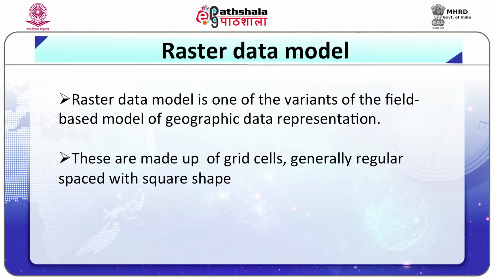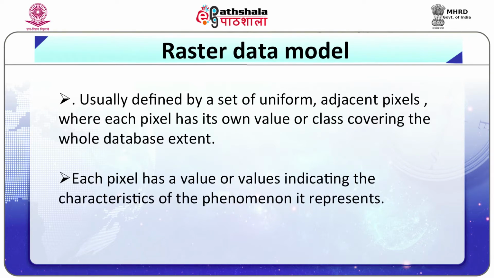A grid cell is a small spatial unit with square shaped lines and uniform adjacent pixels all arranged in order, where each pixel has its own value or class covering the whole database extent. It is an array of matrix arranged in rows and columns. Each pixel has a value indicating the characteristic of the phenomenon it represents.